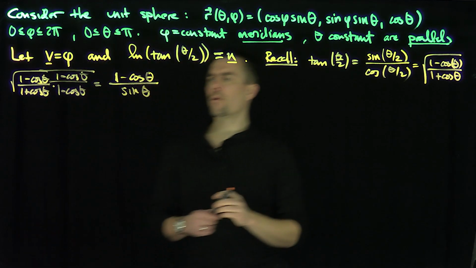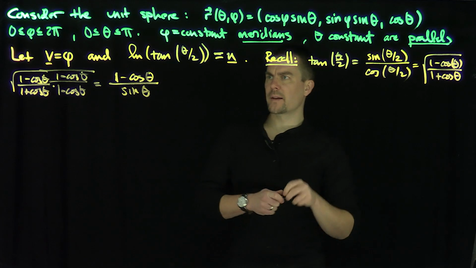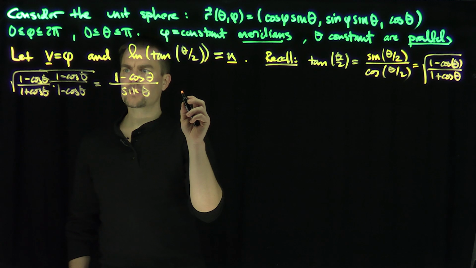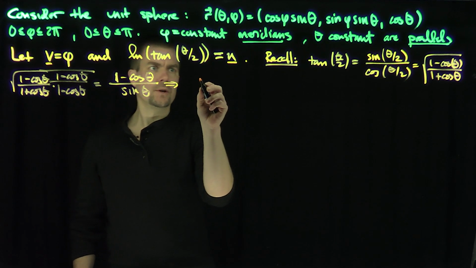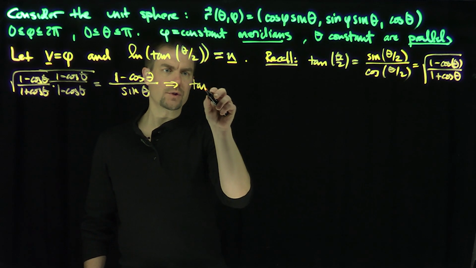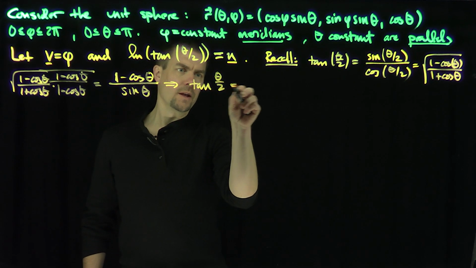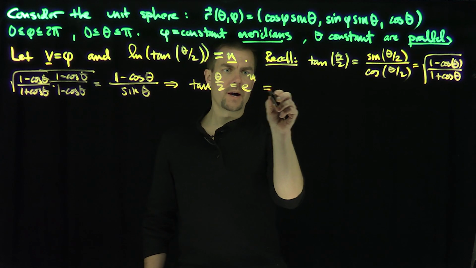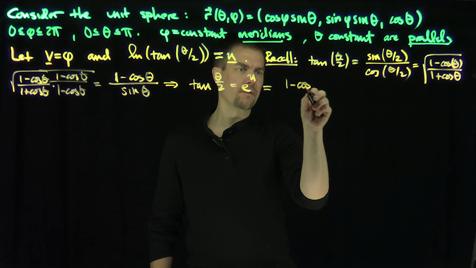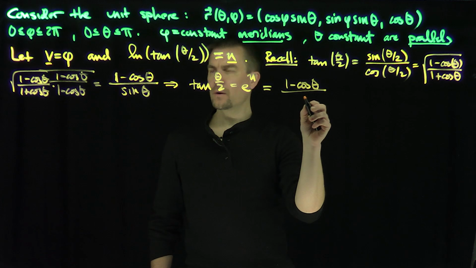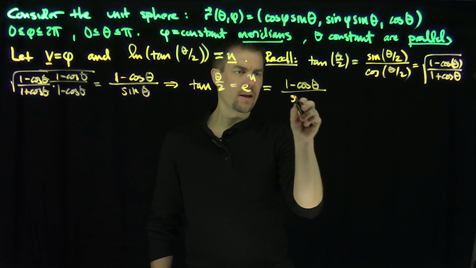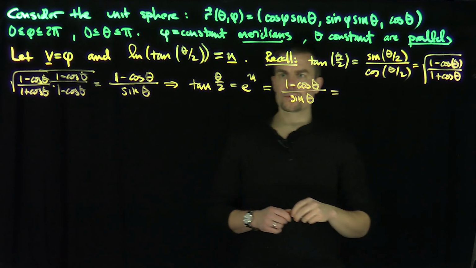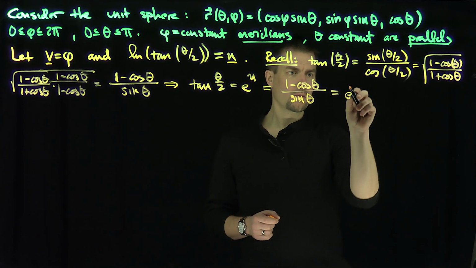That formula there is a half angle formula for tangent, and it's more useful because it allows me to write that the tangent of theta over 2 is e to the u, and that says that 1 minus cosine of theta over sine theta is going to be equal to e to the u.